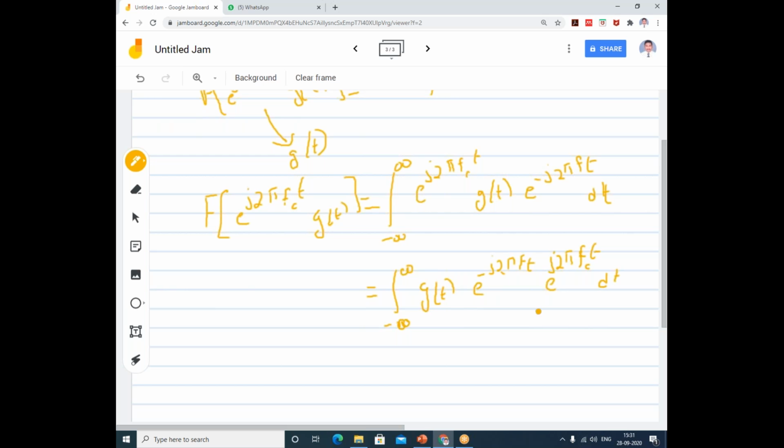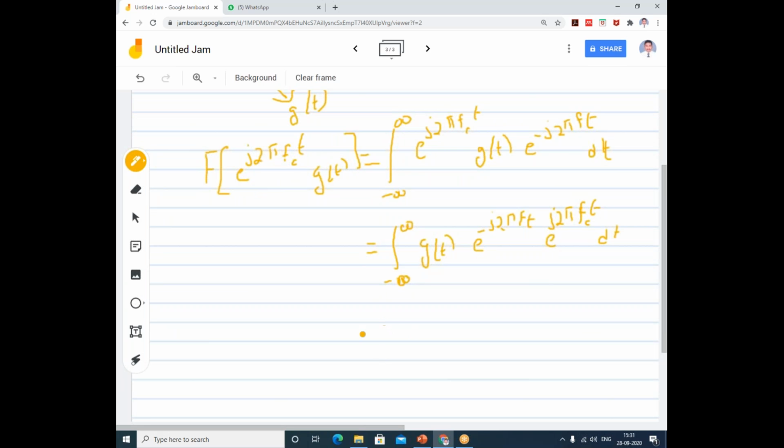Now please observe it. Since the bases are the same, I can add the powers. So I can write the integral from minus infinity to infinity of g of t, taking minus j2 pi outside, then f minus fc into t dt.